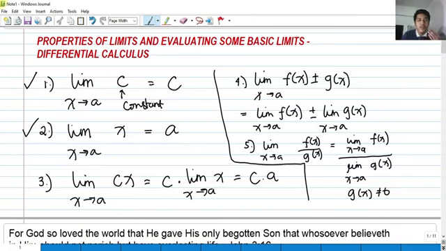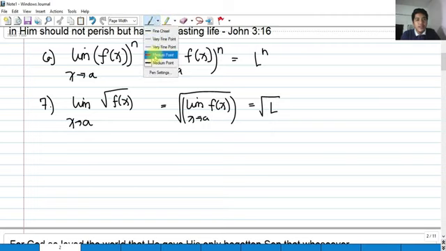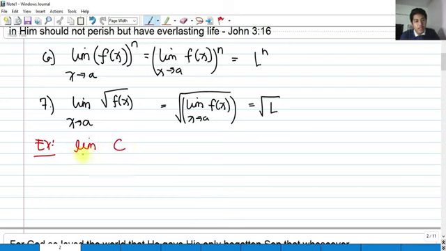So for the first problem, let's have an example. The limit of a constant as x approaches a is simply equal to the constant. So, for example, if we have to evaluate the limit of 2 as x approaches 1, this is a constant, this is our c, and this is our a.